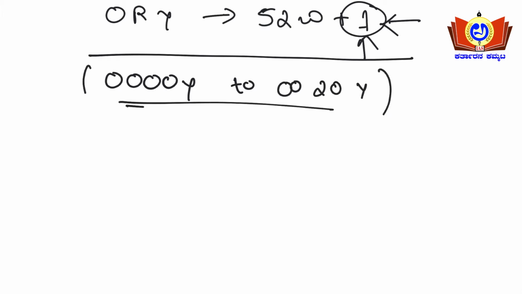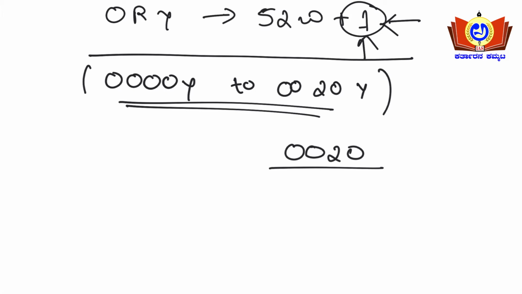If a question comes, how many odd days will be there between 0000 years to 0020 years, let us see how to calculate it. First we need to calculate, from 0000 to 0020, how many ordinary years will be there and how many leap years will be there.